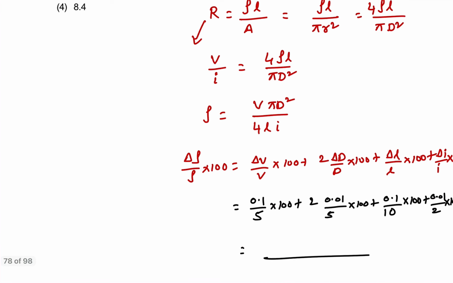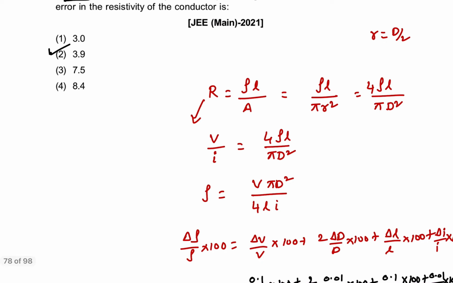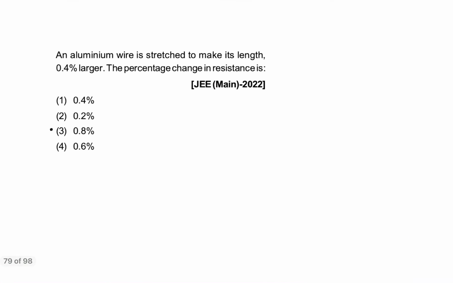You do the calculation and you will get the answer 3.9. Percentage error in resistivity is 3.9 percent.